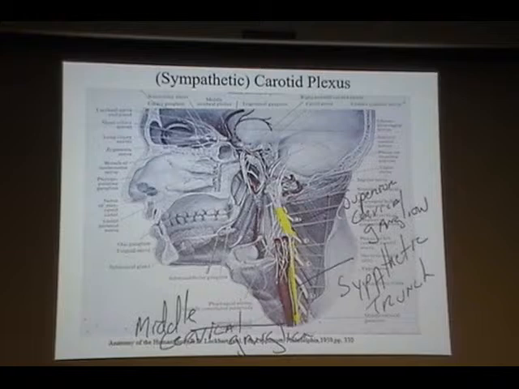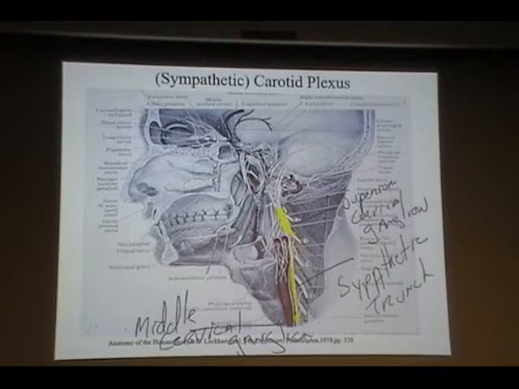Once again, where are the preganglionic cell bodies of the sympathetic nervous system? Where are the cell bodies? Where are the preganglionic cell bodies? Central nervous system.